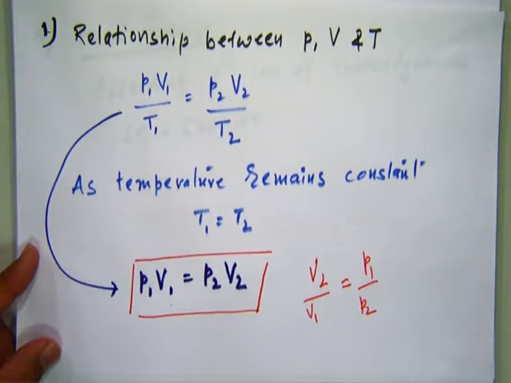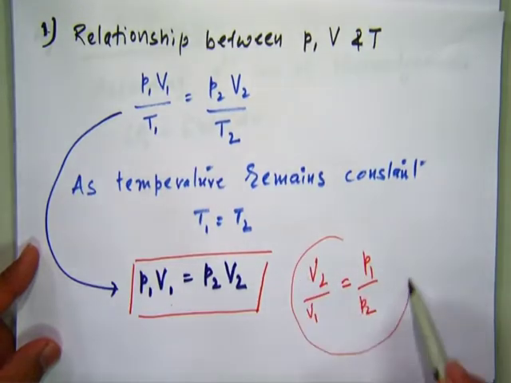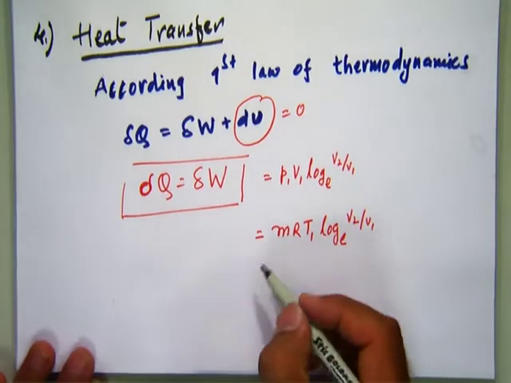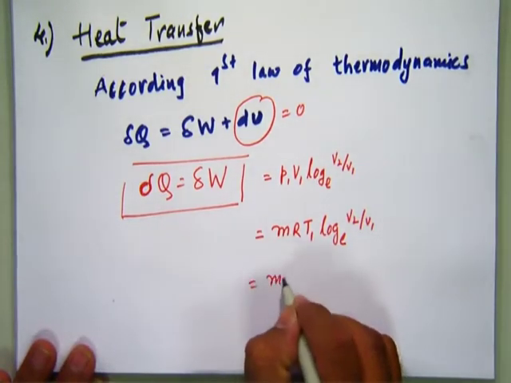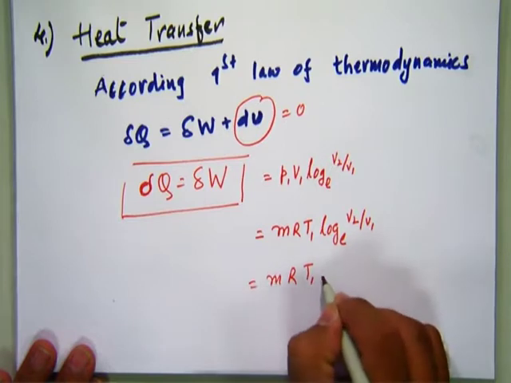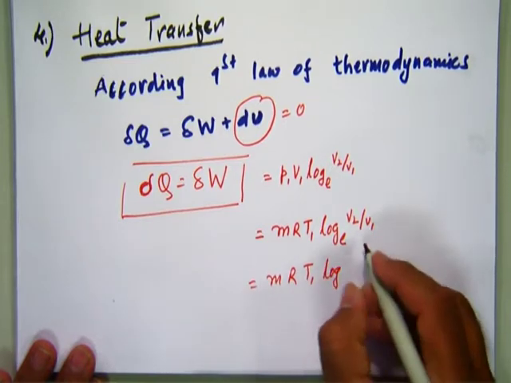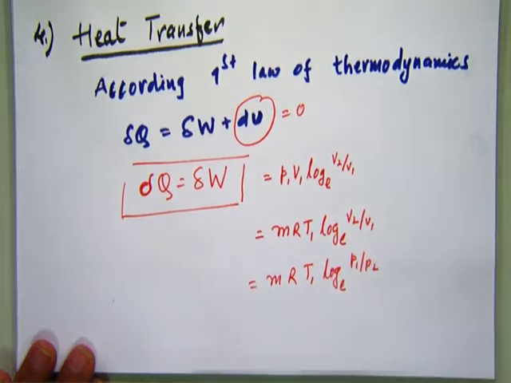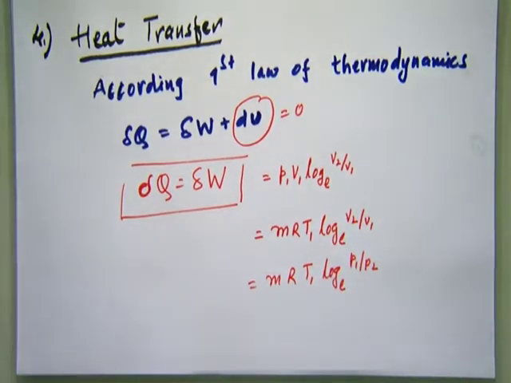V2 upon V1 is equal to P1 upon P2. This you can take and put in this equation, which is equal to MR T1 log P1 upon P2 to the base e. This is the heat transfer.